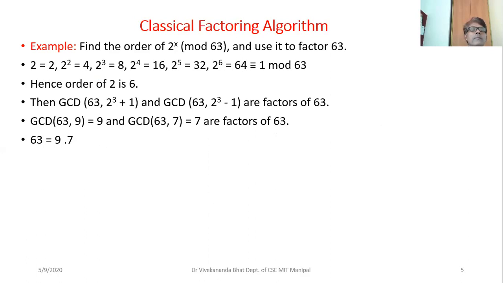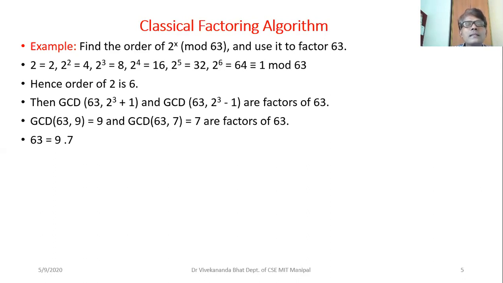So for example, compute the order of 2 to the power of x mod 63 and use it to factor 63. If you put various values of x: when x equal to 1, 2 is congruent to 2 mod 63. 2 squared is equal to 4, congruent to 4 mod 63. 2 to the power of 3 is equal to 8, congruent to 8 mod 63. 2 to the power of 4 is equal to 16, congruent to 16 mod 63. 2 to the power of 5 is equal to 32, congruent to 32 mod 63.